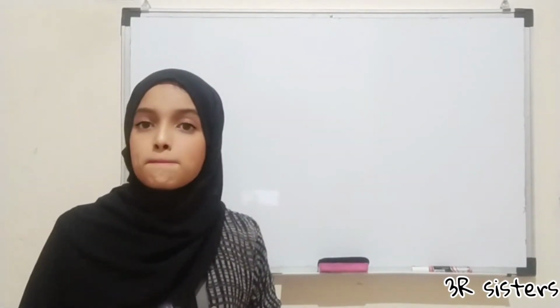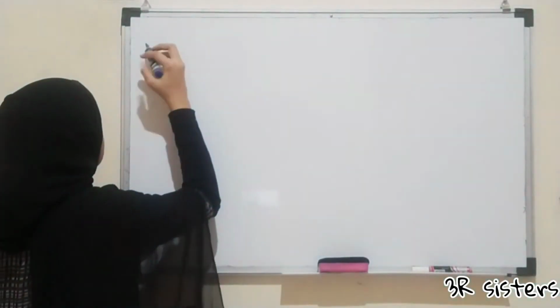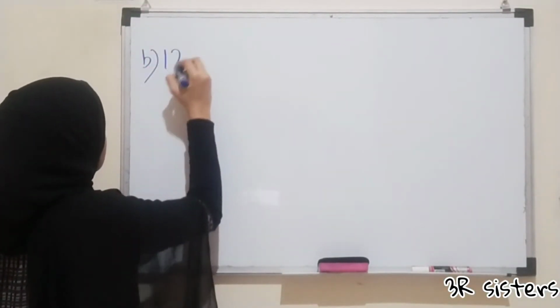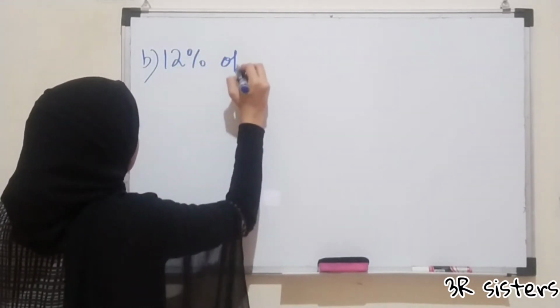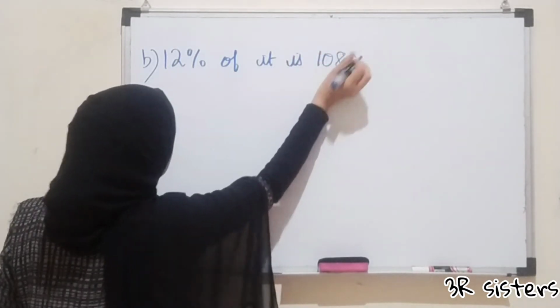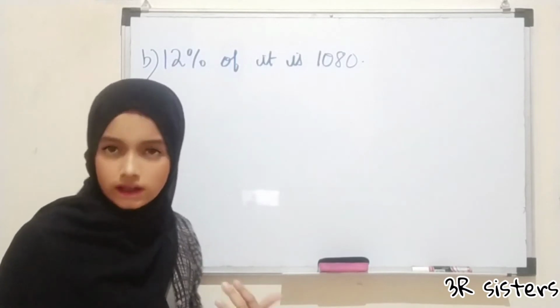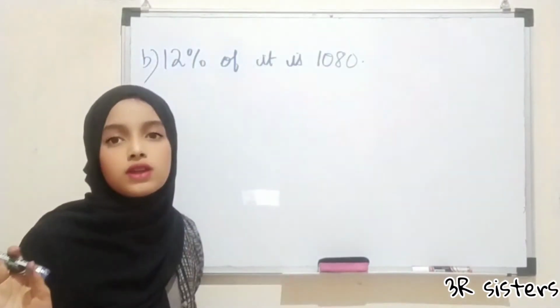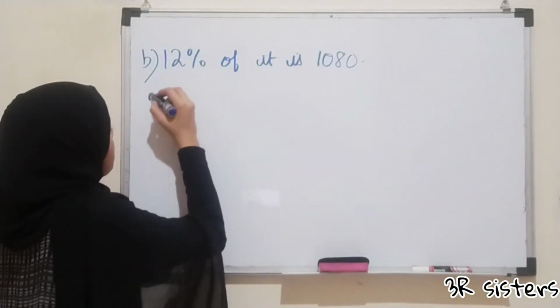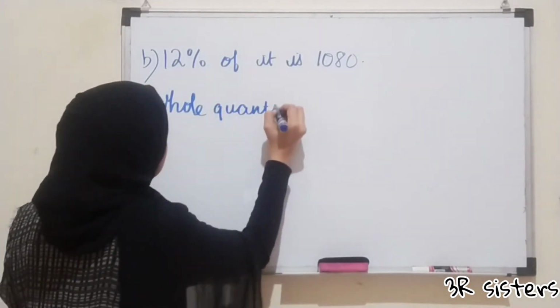So what is the B question? The B question is: 12% of it is 1080. This is our question. Now how will we find it? This is the same as the previous one we did, so just recall what we did previously. First we write the whole quantity, let the whole quantity be x.